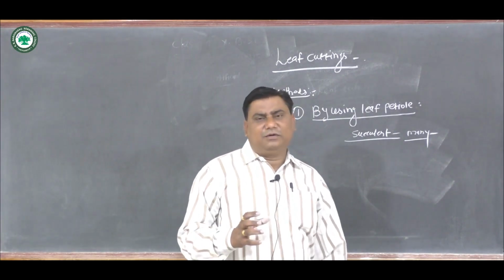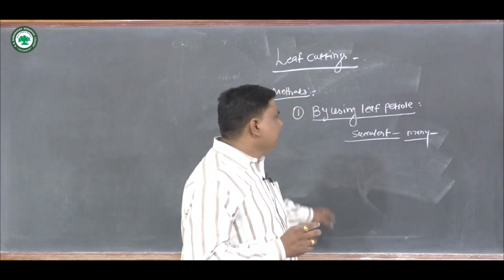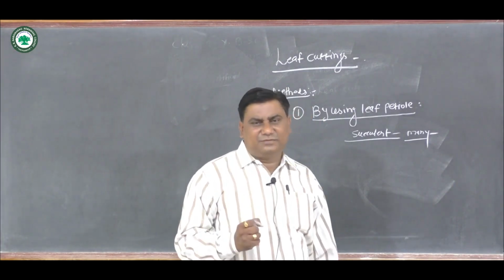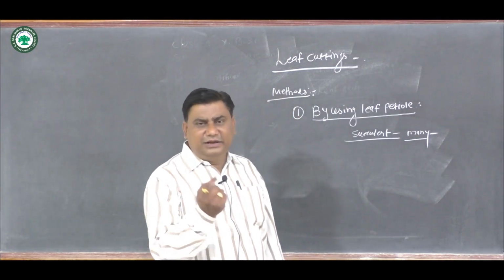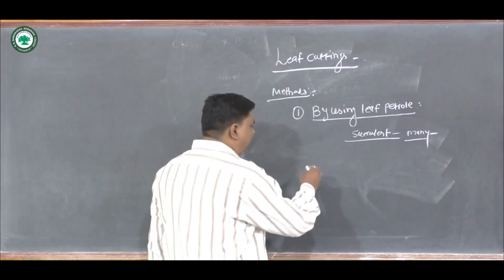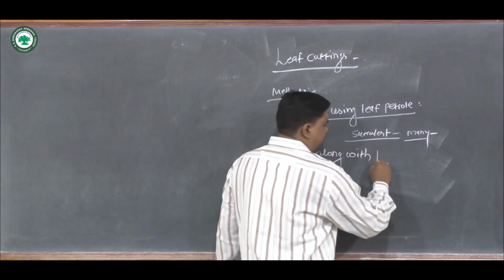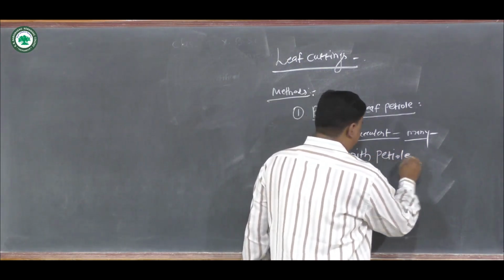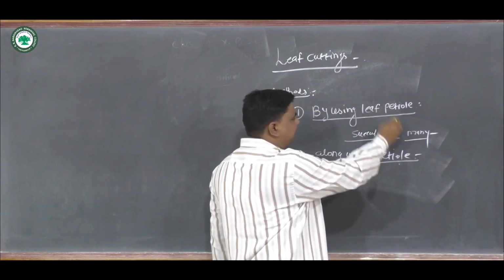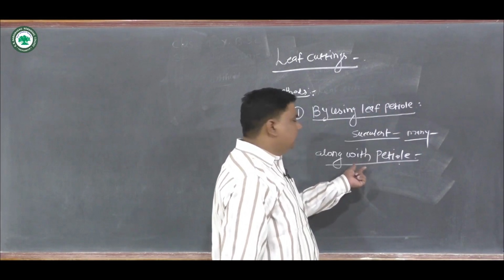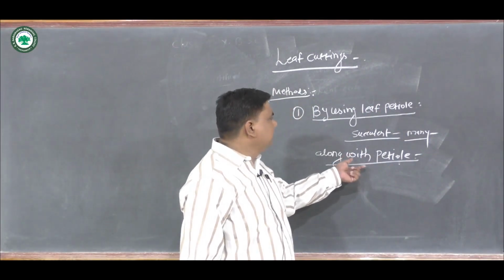First of all, a healthy mature leaf is selected and detached from the mother plant along with the petiole. So the leaf is detached along with the petiole.